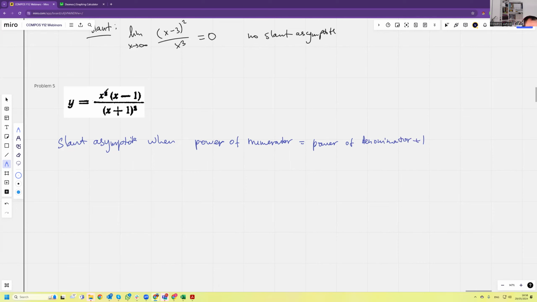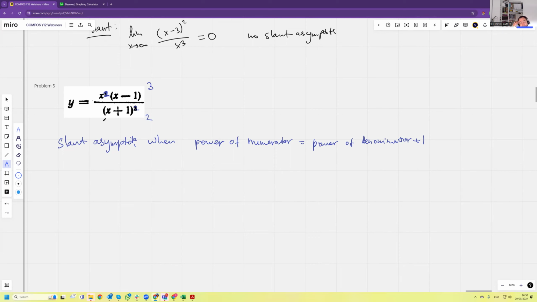This is a 2, by the way. Apologies for the rubbish. So the top has a power of 3, and the bottom has a power of 2. And that's an indicator that there's going to be a slant asymptote.